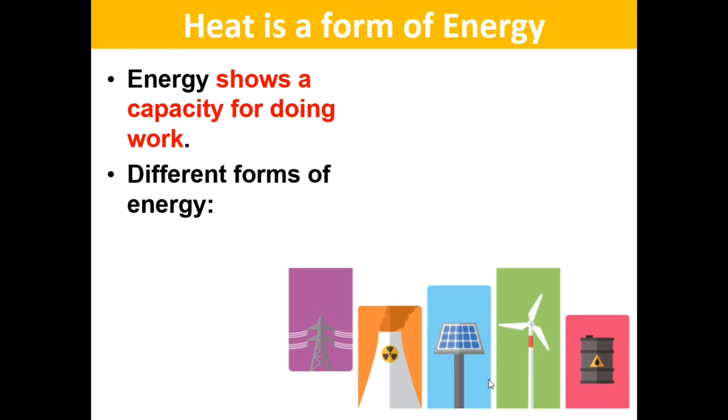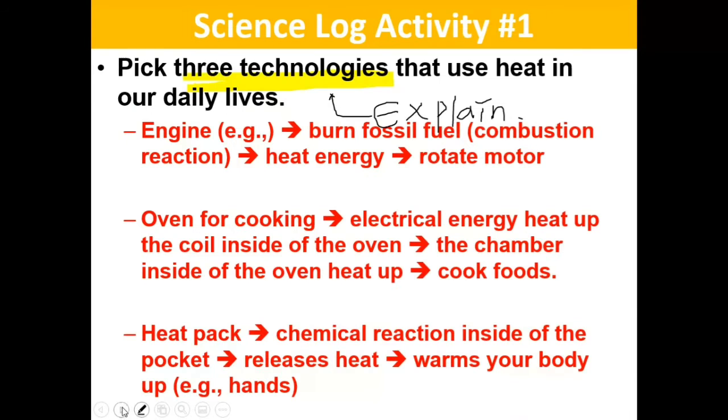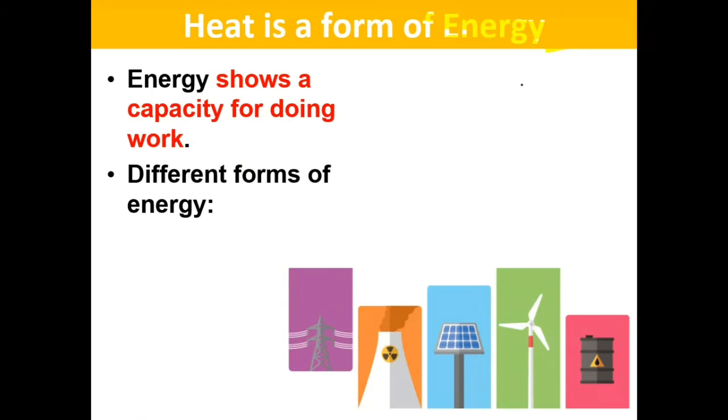So next, I'd like to go through that heat is a form of energy, ladies and gentlemen. Pen would work better. Form of an energy. I want you to highlight this part.